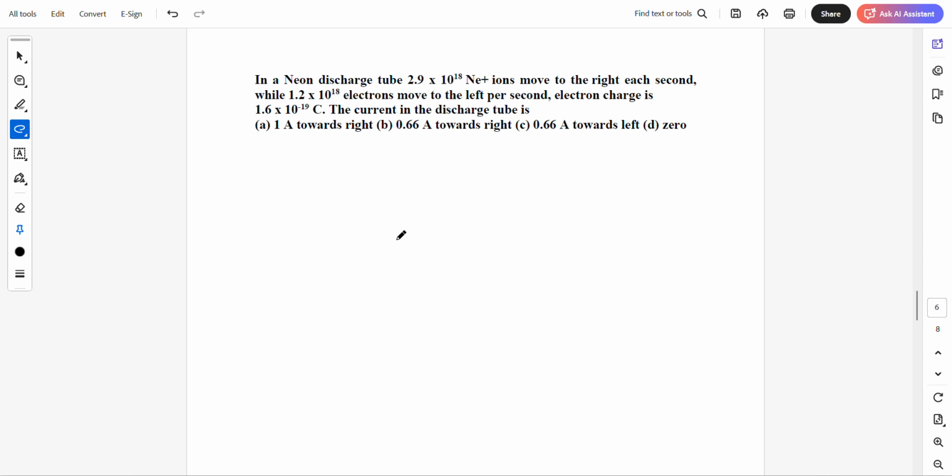Now this problem: in a neon discharge tube, we have one discharge tube, neon discharge tube.